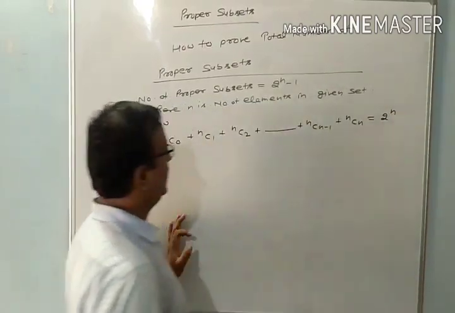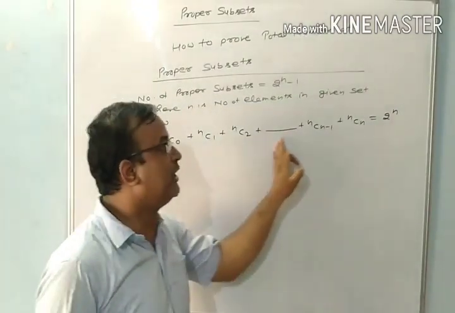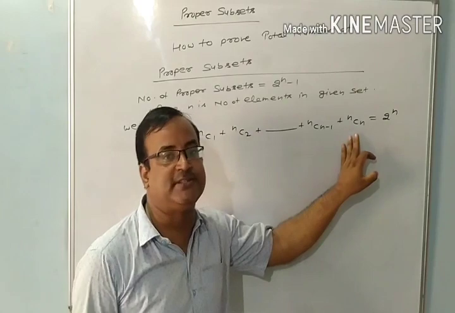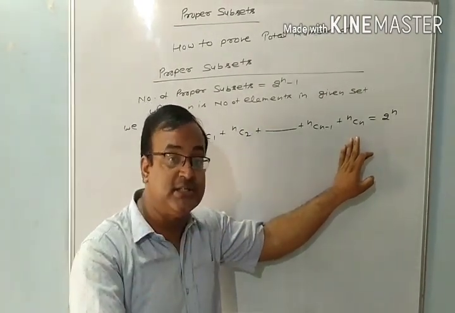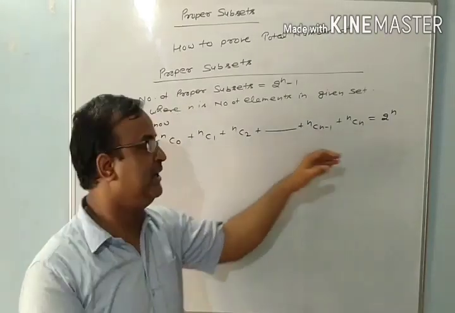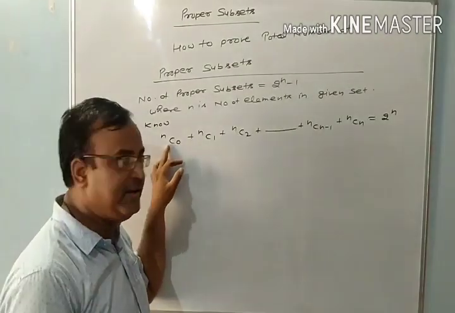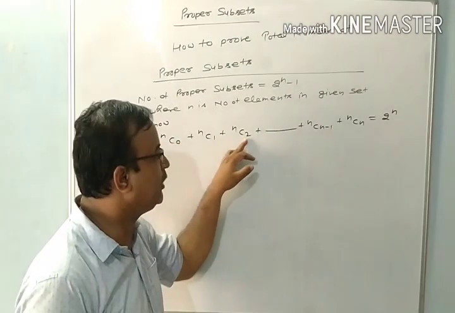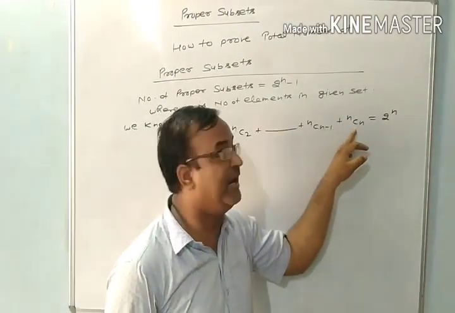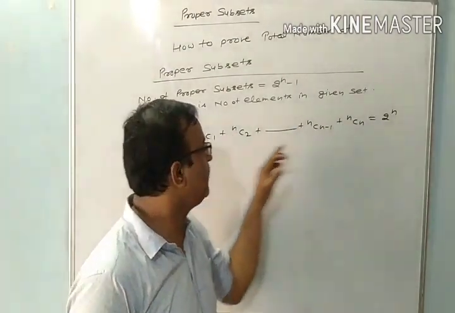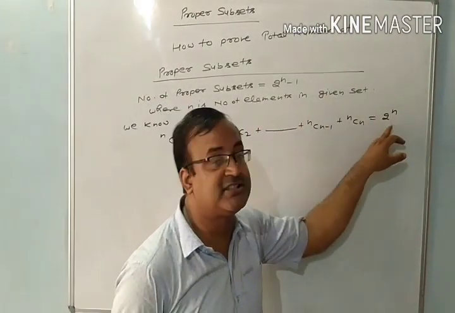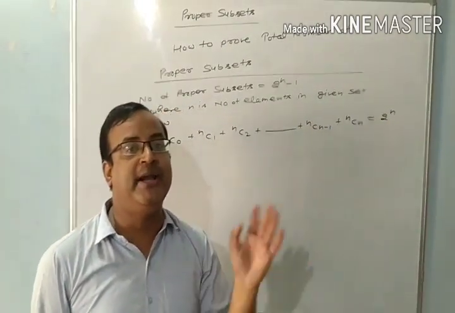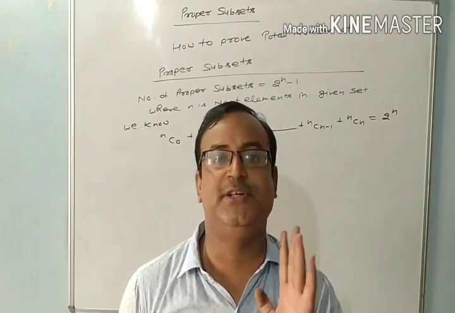This is the total number of subsets of a set. In order to find the number of subsets, we take 0 elements, 1 element, 2 elements, up to all elements. Clear? So the total number of cases is added, which is equal to 2 to the power n. This is the formula to find the total number of subsets of a set.